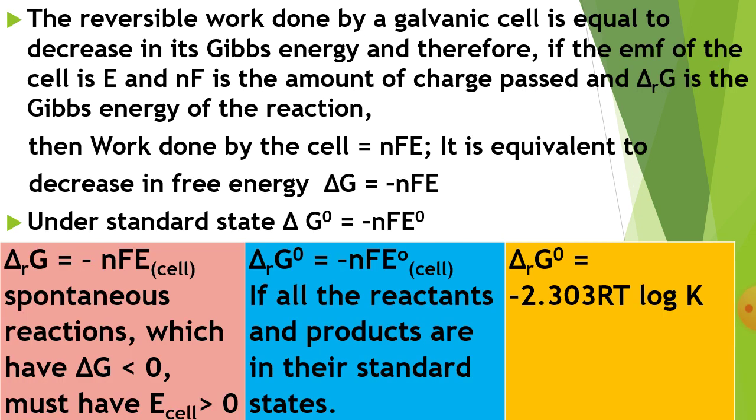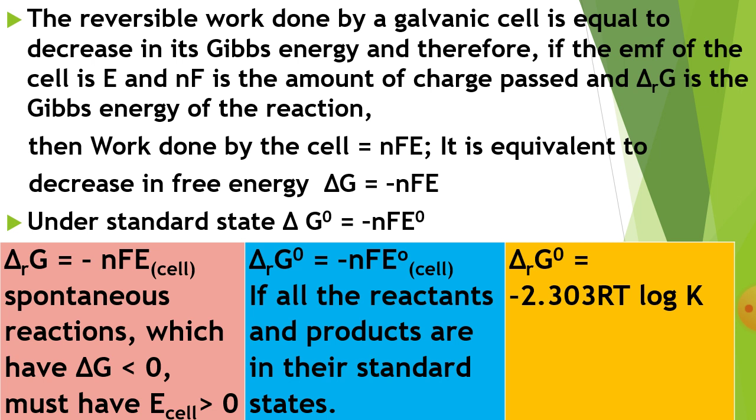Now we have to know about the work done. In case of an electric field, the work done is basically charge into potential. Here the charge is nF, where n is the number of moles of electrons and F is the Faraday constant, and potential is denoted by E. The reversible work done by a galvanic cell is equal to the decrease in its Gibbs energy.